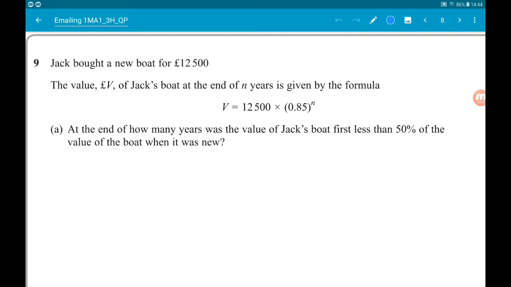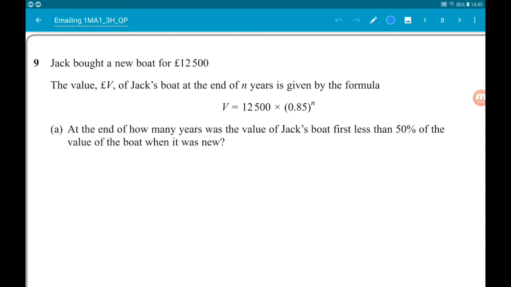So we're thinking in terms of compound interest, except it's depreciation, and it's losing 15% of its value per year. At the end of how many years was the value of Jack's boat first less than 50% of the value of the boat when it was new?